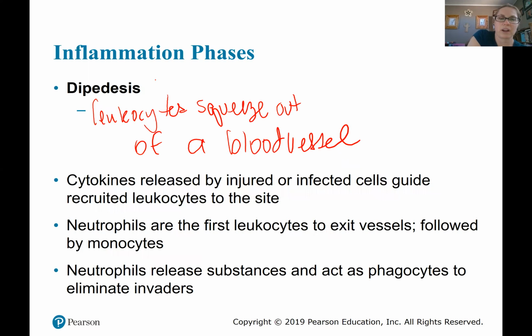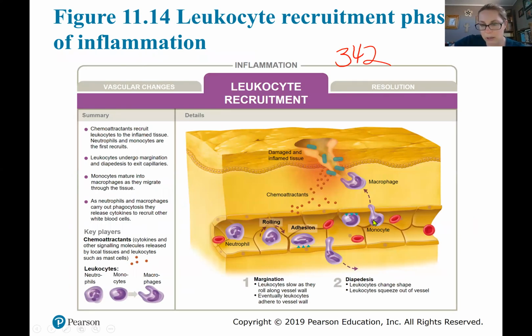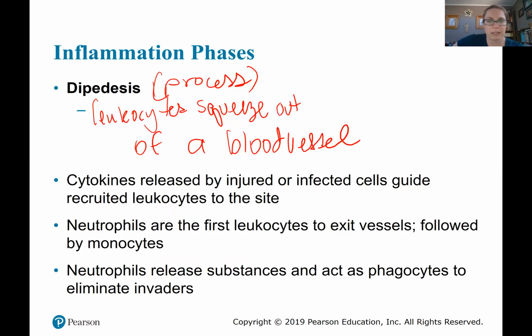That's the process where those white blood cells, like macrophages, monocytes, sneak out, squeeze out of the blood vessel. Let me come right back here. Do you see this guy right here? He's squeezing out. He's changing its shape and it's squeezing out to come over here and get to this site of infection. That's called diapedesis.